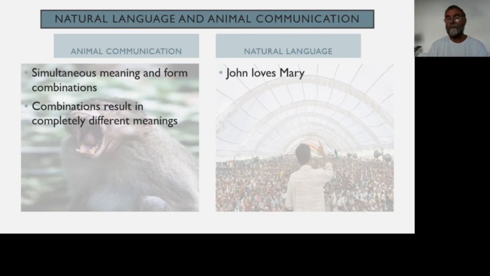This sentence means John loves Mary, which goes beyond the meaning of John and the meaning of love and the meaning of Mary. You get a different meaning than the meaning of the elements. Specifically, it means that John is the one doing the loving and Mary is the one getting it.